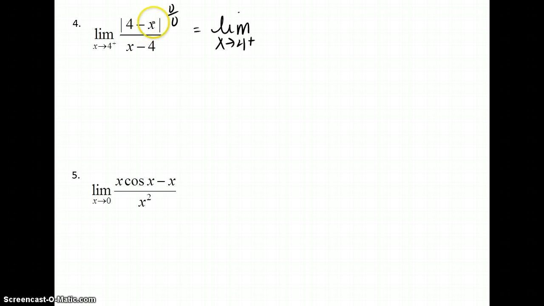So the absolute value takes the opposite of what's inside the function. When I divide that by x minus 4, now these factors, 4 minus x and x minus 4, are opposite of each other. They cancel to -1. So the opposite of -1 would give me a limit of +1.